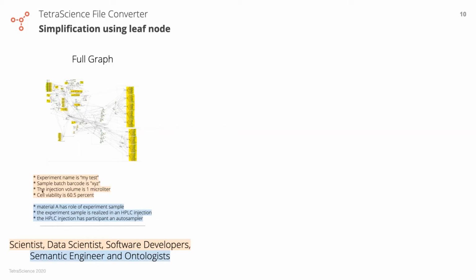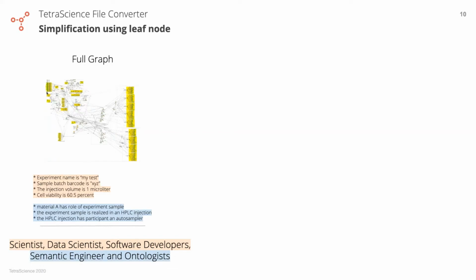Those are the data. Then the graph also captures a lot of the philosophical metadata or relationships, like material A has the role of experiment sample is realized in an HPLC injection. So all those are triples in this graph, right?